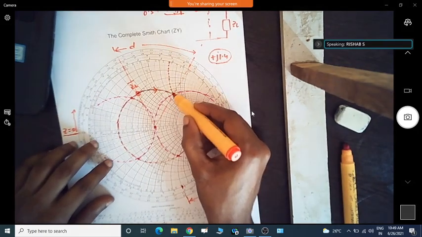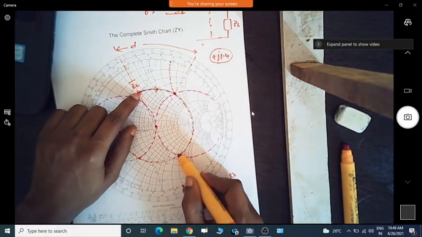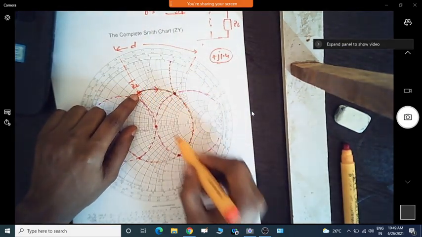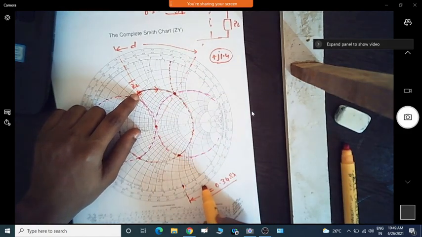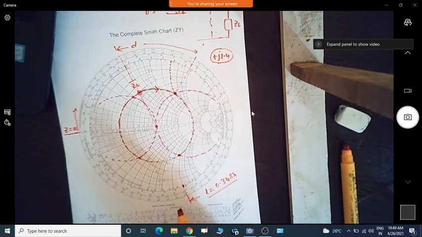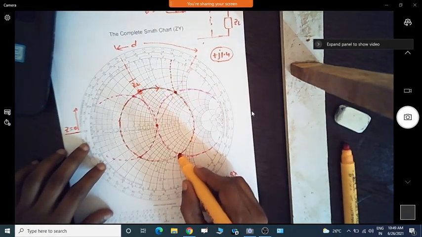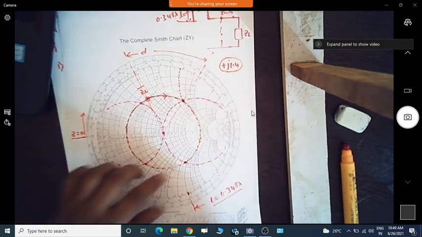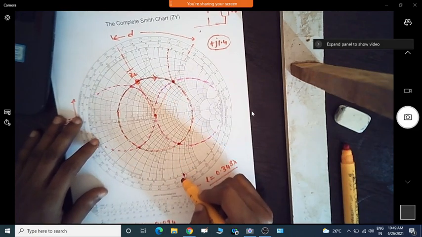Now similarly you can try to do the other solutions. From this point to this point, first you move. Measure the distance, again draw the line to this value, and subtract the distance in terms of lambda on the outermost circle of the Smith chart. At this point you measure the reactance offered, which is minus j1.4.